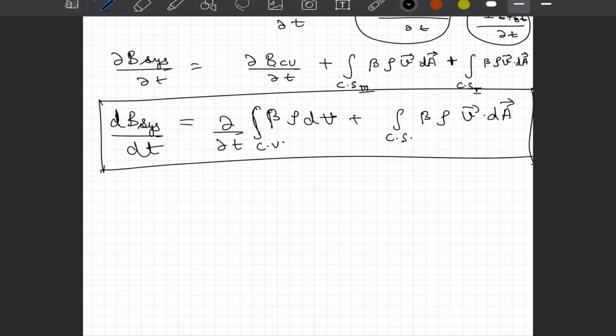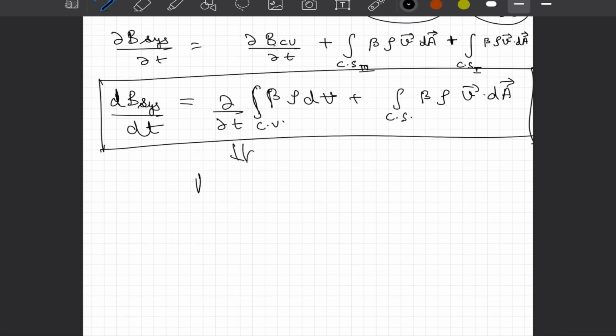And this relationship is famously known as Reynolds transport theorem.